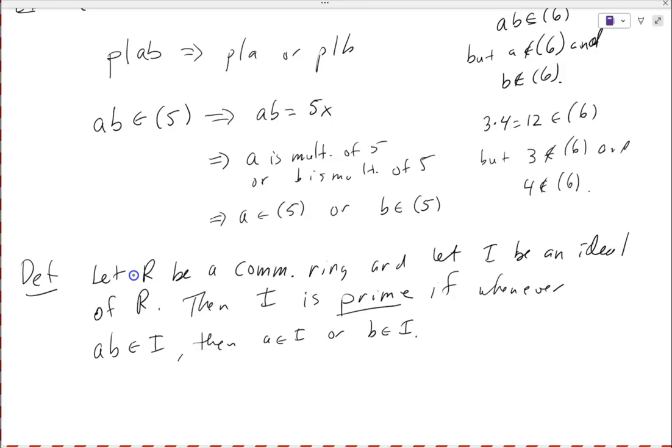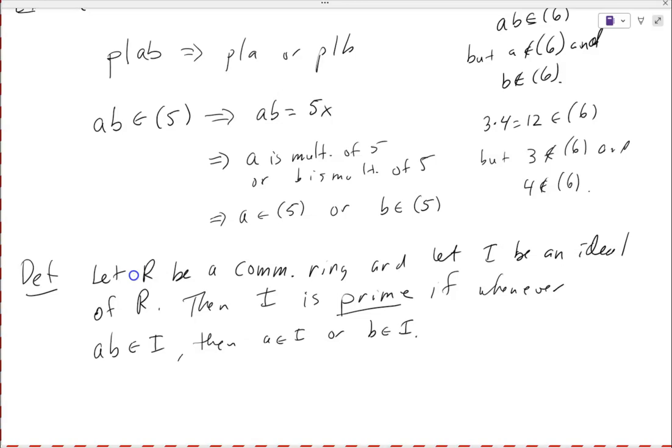Generally speaking, in Z, the prime ideals are exactly the ideals generated by a prime number, or 0. We'll talk about that here in a second.